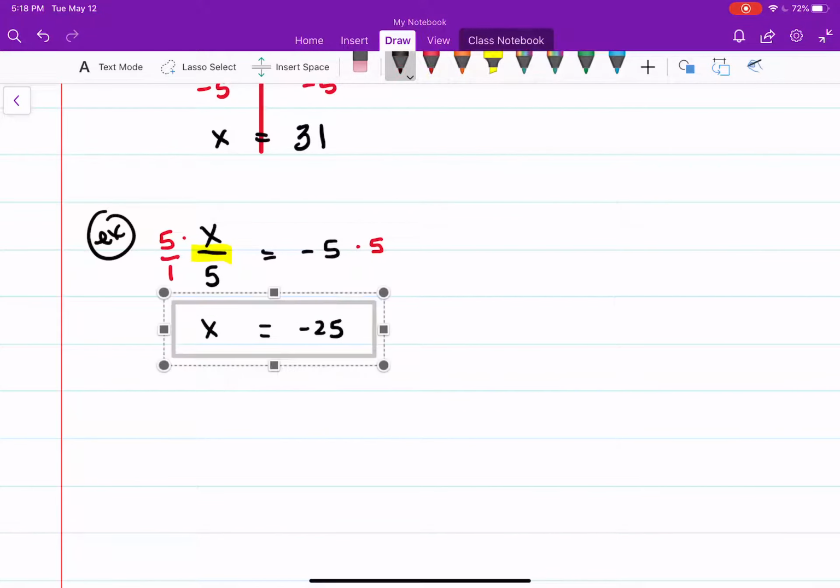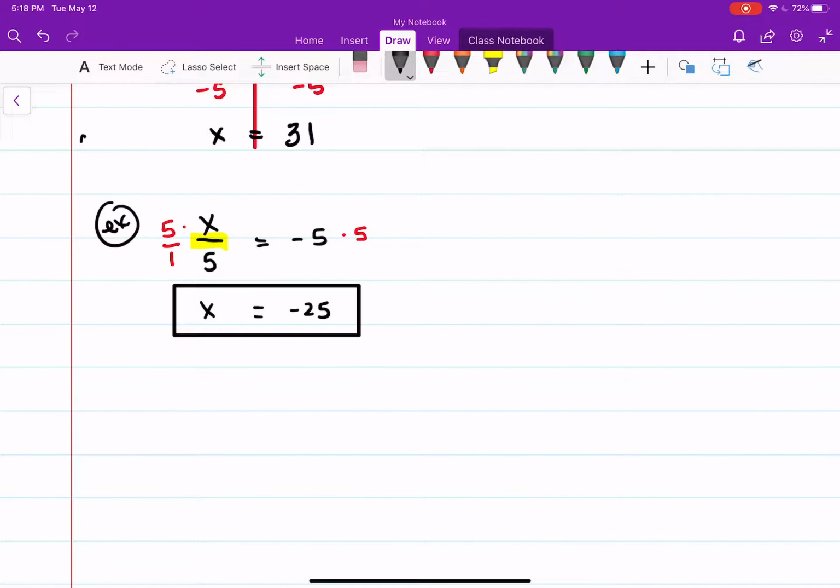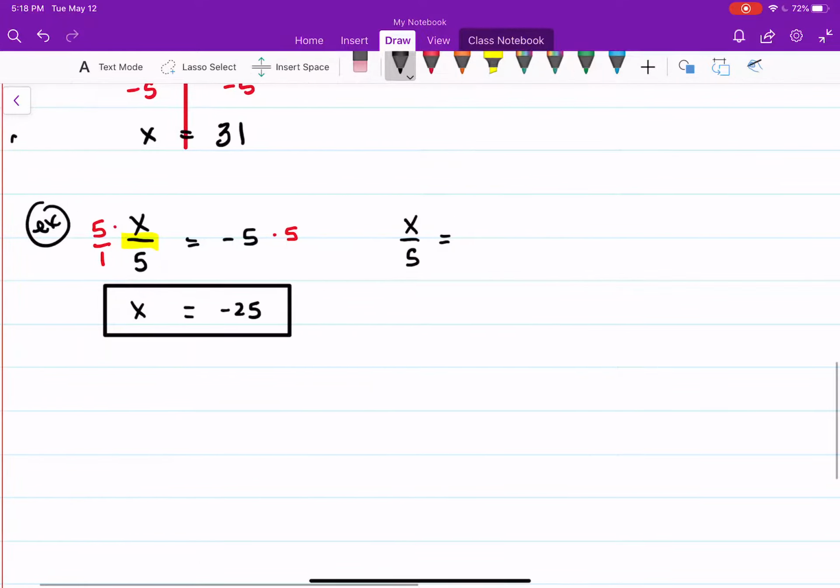Now, the x over 5 is the same as saying 1/5 x. These two mean the same thing. Because remember what I said before, there's an imaginary 1 right there, right? So essentially it's 1/5, 1/5 x, all right?